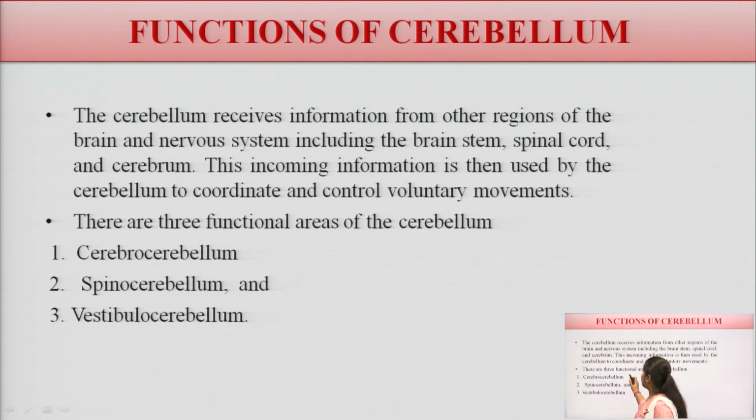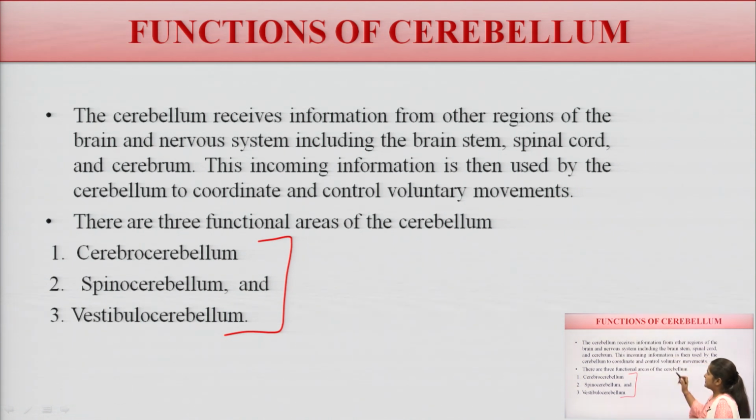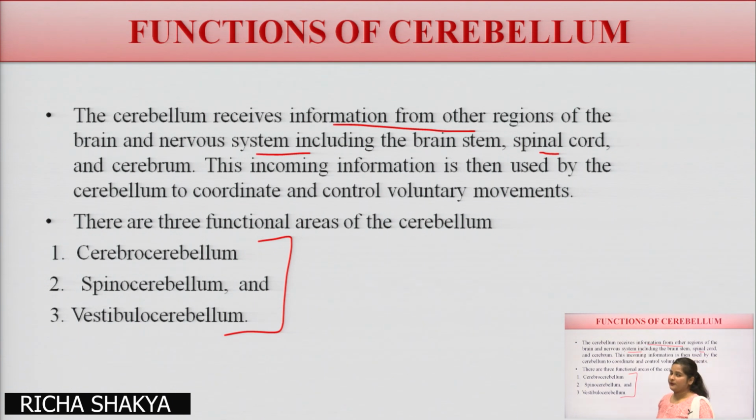Now, the cerebellum receives information from other regions of the brain and the nervous system. It includes the brain stem, spinal cord and cerebrum.